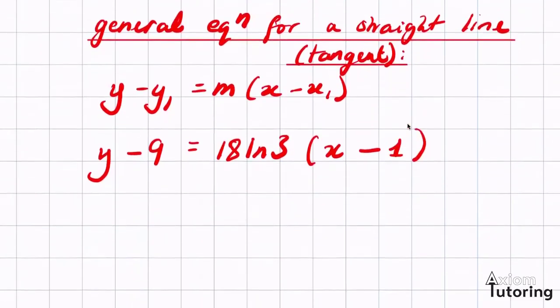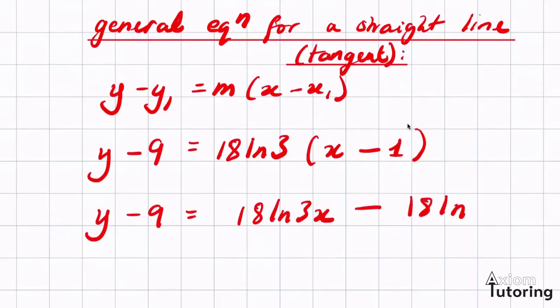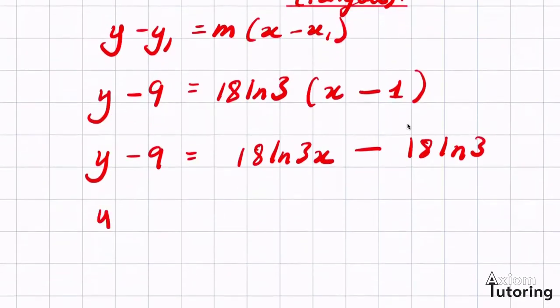And if we multiply this out, we can get our equation of a straight line in the form y equals mx plus c. So let's do that. We have y minus 9 equals 18 ln 3 x minus 18 ln 3. Let's move the minus 9 onto the right-hand side. So that's equals 18 ln 3 x.